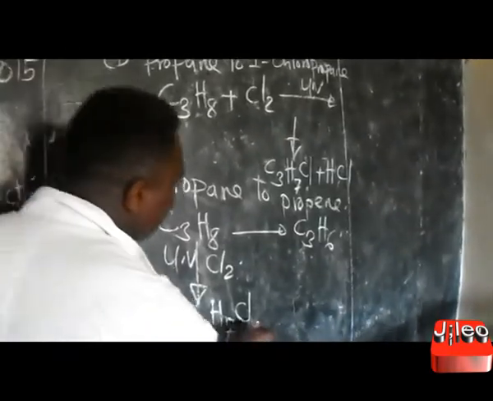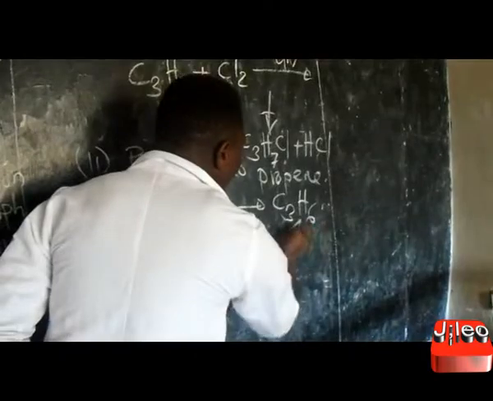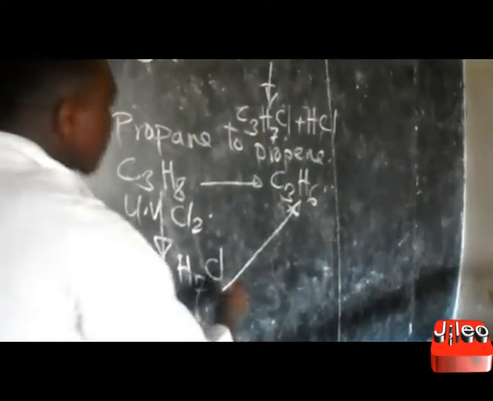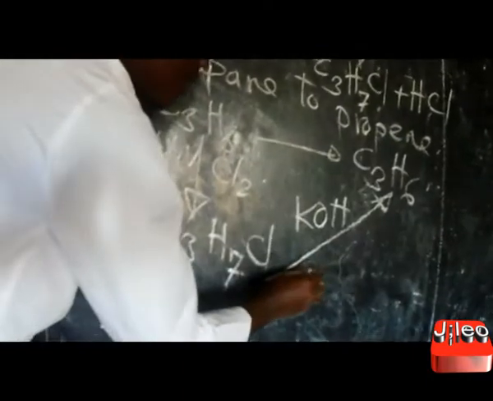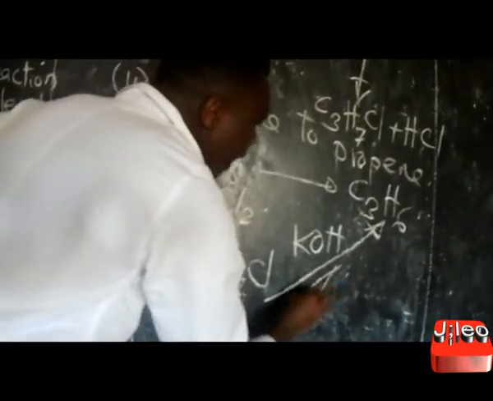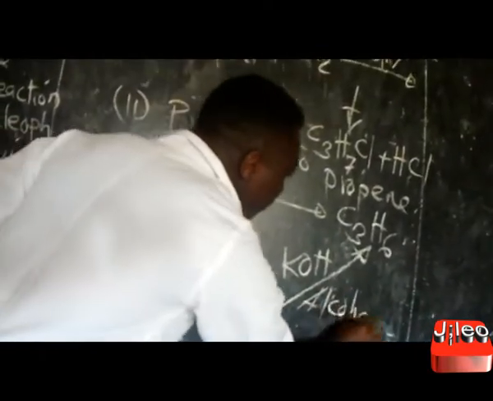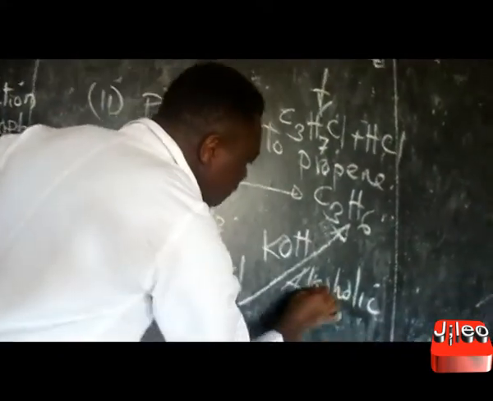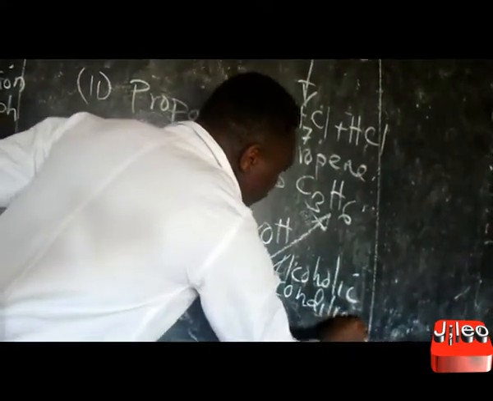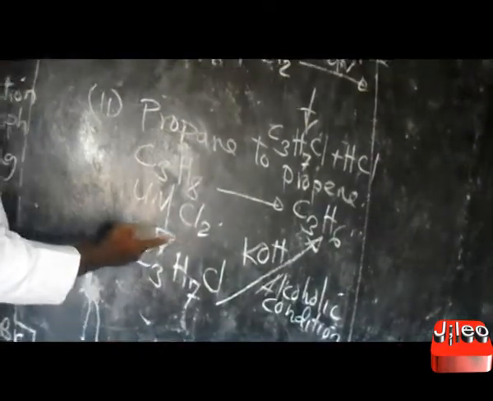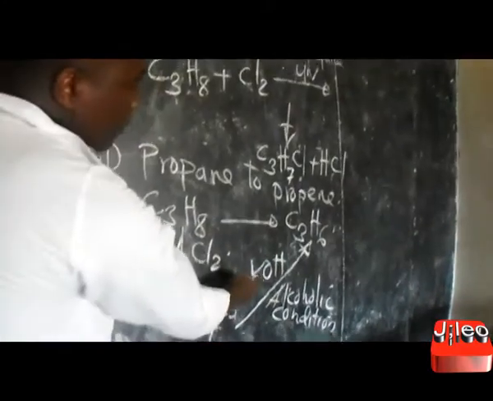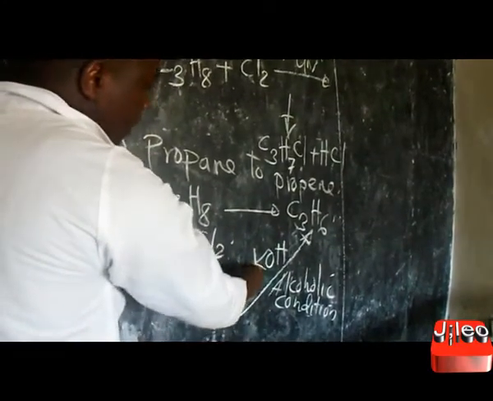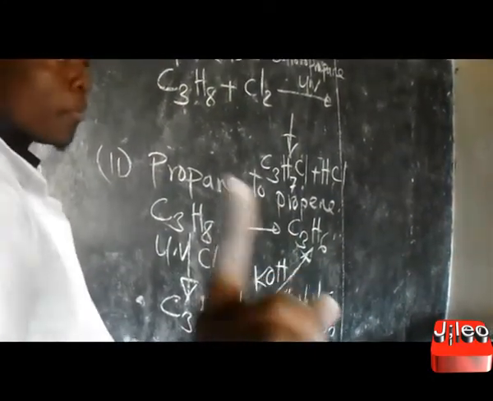So the second step here, we shall make a reaction with potassium hydroxide in alcoholic condition. The result is that chlorine will return to react with this potassium, and you will form potassium chloride.